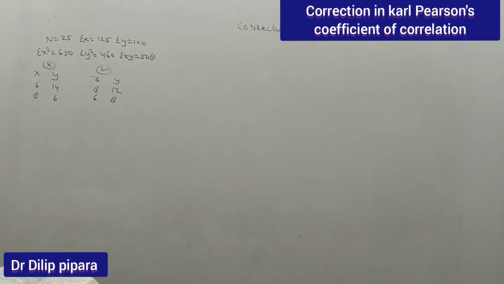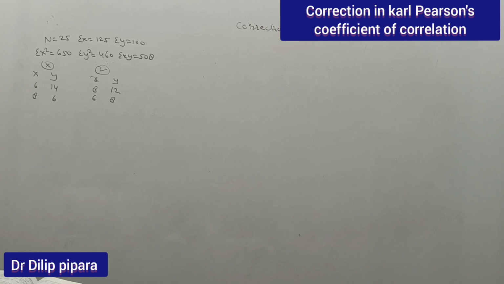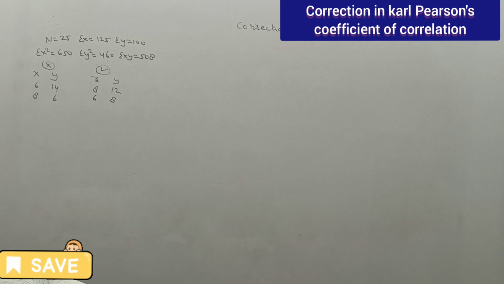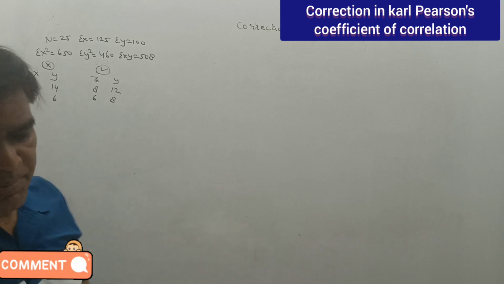Later it was discovered that at the time of checking he had copied two pairs of observations of x and y as 6, 8, 14, 6, while the correct values were 8, 6 and 12, 8. Obtain the correct value of the correlation coefficient.